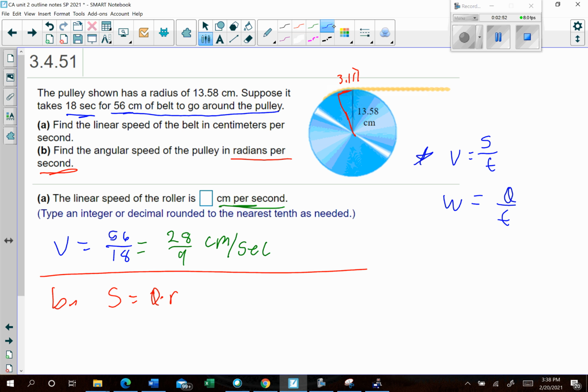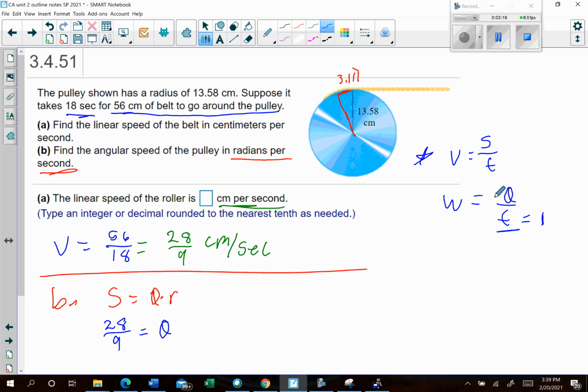So I'm going to plug in what I know. I know the arc length, and I'm going to use the fraction because I don't want to round till the very end. I don't know what theta is, and that's actually what my answer is going to be, because my time is already in seconds, so that's going to be a 1. That reduces down to just my angular speed equal to theta for this particular example.